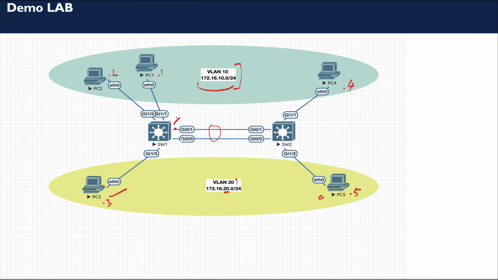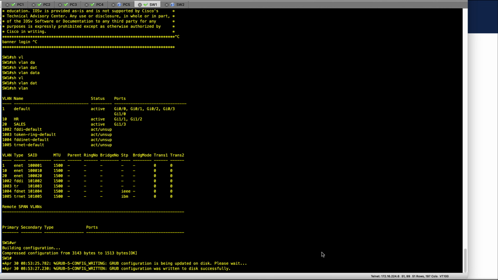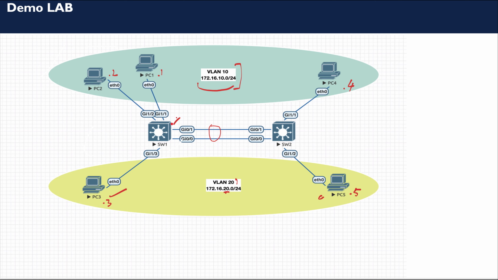We need to have some sort of trunking going on here. If you remember on part 1, we spoke about how a trunk actually transports the different VLANs by using the Ethernet, by using the .1q encapsulation tag. So let's see if we have a trunk established.